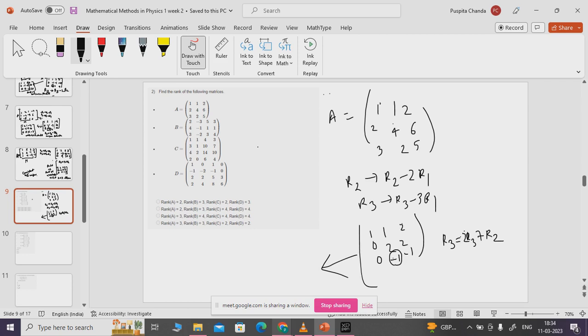And we will get 1 1 2, 0 2 2, 0 0 0. So rank of A is 2. So here we get rank of A is 2, then our answer is from these two things.